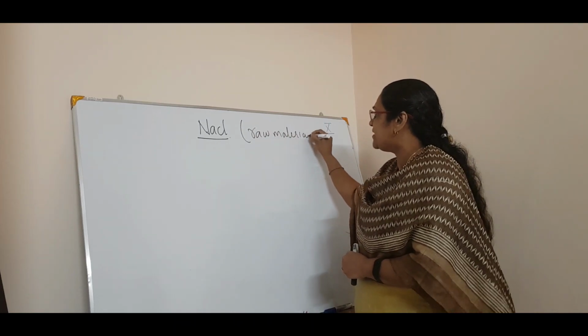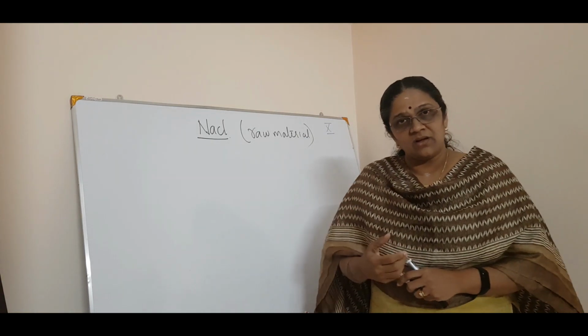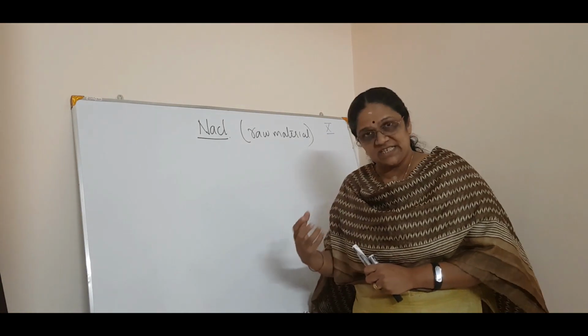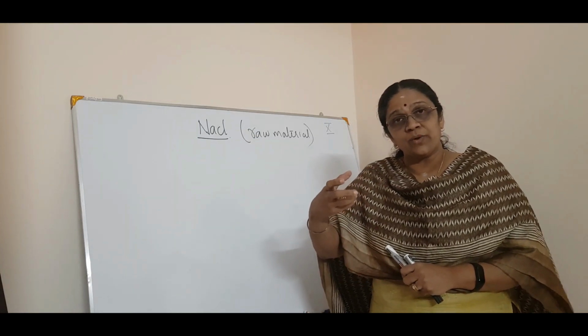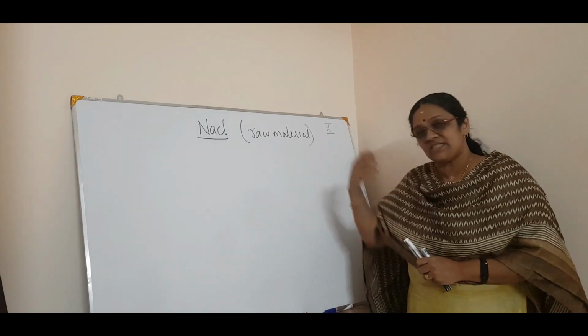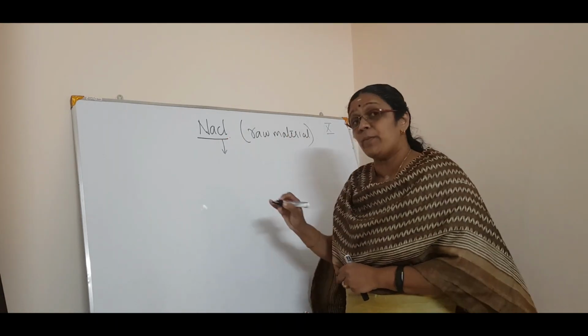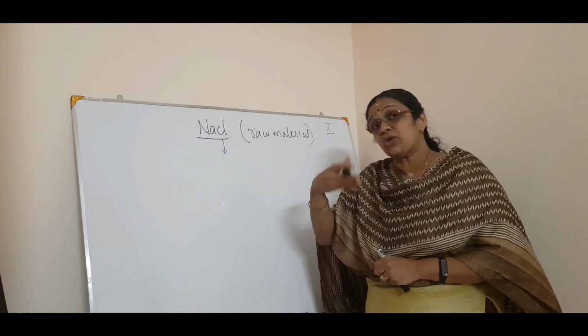What do you mean by raw material? Raw material means there is something to start with, or by starting from this material, you can make some other material. So that is raw material. So from this sodium chloride, you can prepare so many materials which are useful to us.